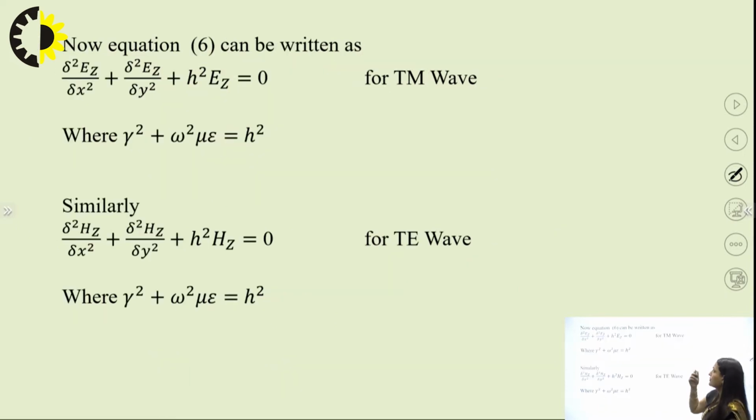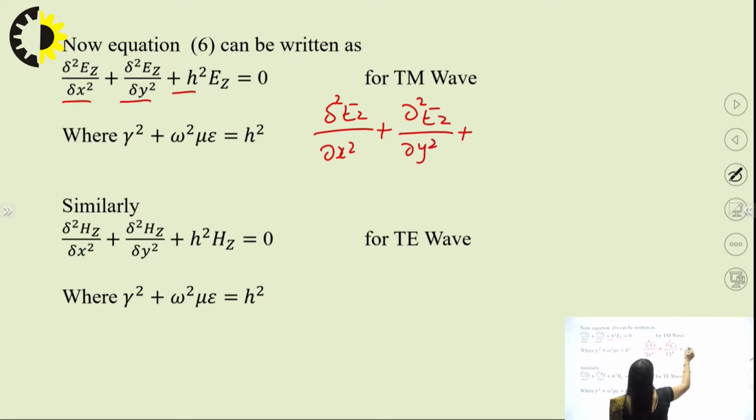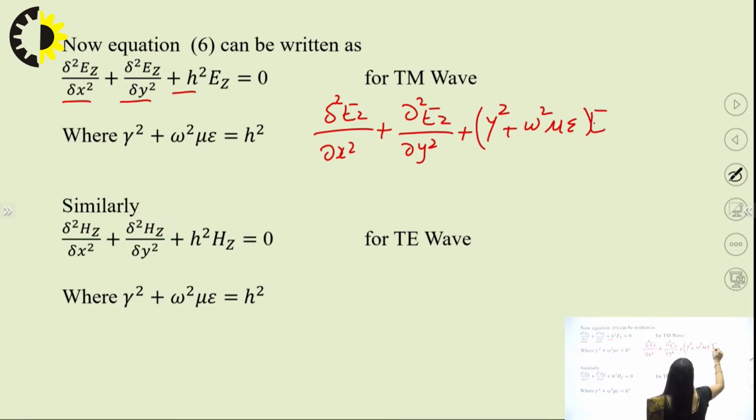Now equation number 6 can be rewritten as del square Ez upon del x square plus del square Ez upon del y square plus (gamma square plus omega square mu epsilon) Ez is equal to 0.